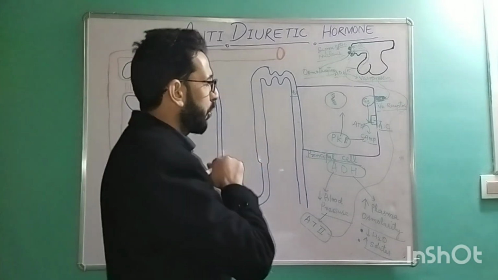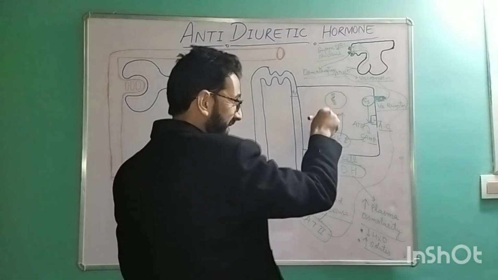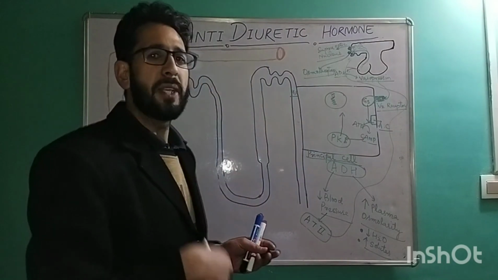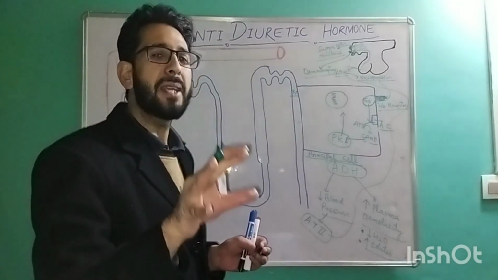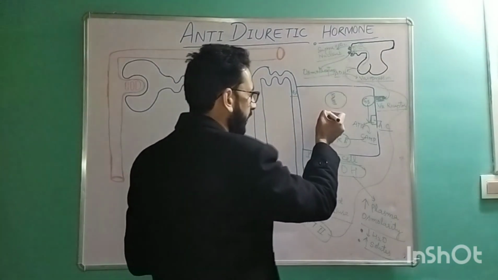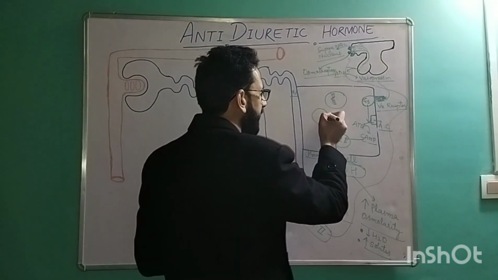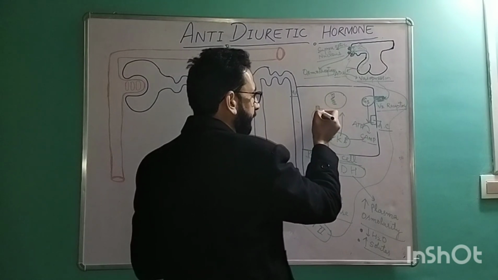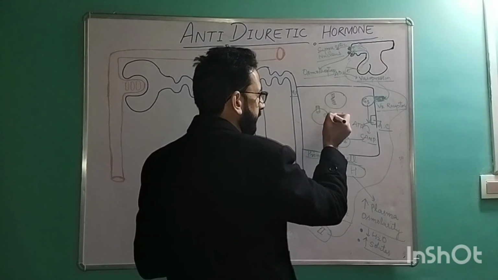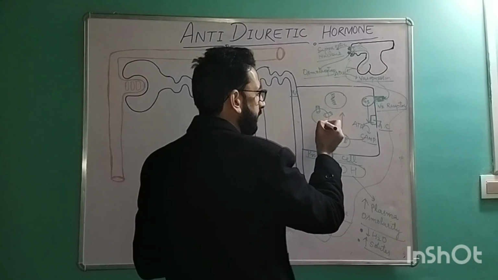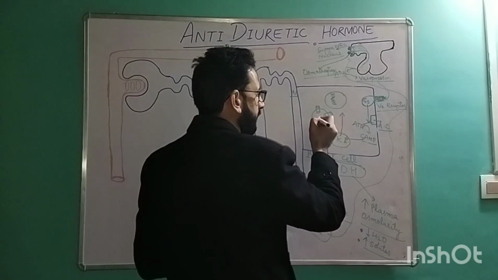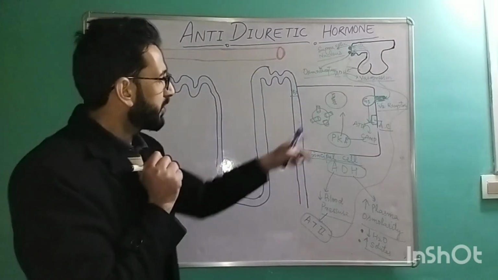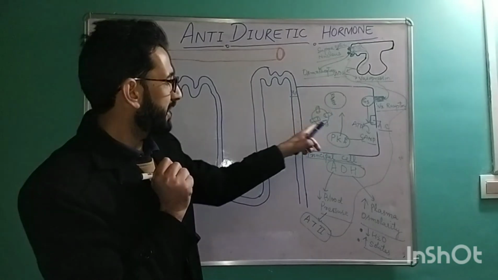Okay, and those proteins, after being synthesized inside the cell, they go into the endoplasmic reticulum, they go into the Golgi apparatus, and they are packed in the form of vesicles. Okay, so here is that vesicle, and that vesicle is containing these proteins. Fine? So these are the membrane proteins which are present in this vesicle.